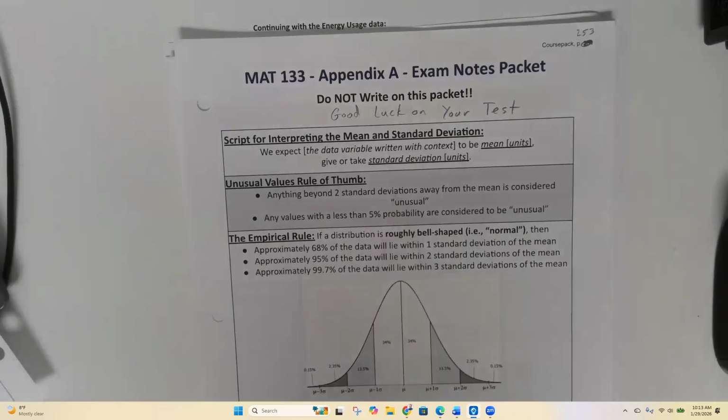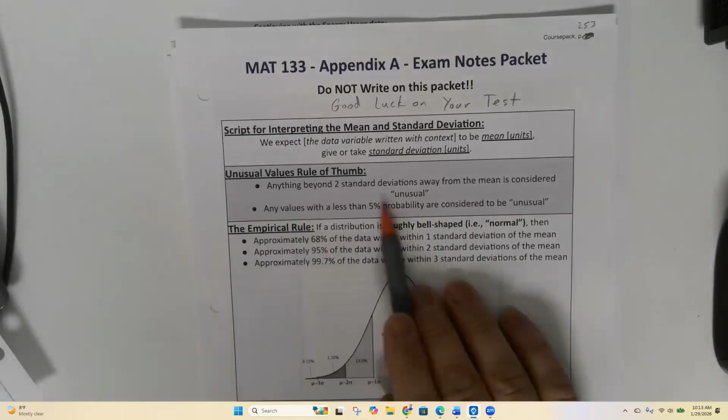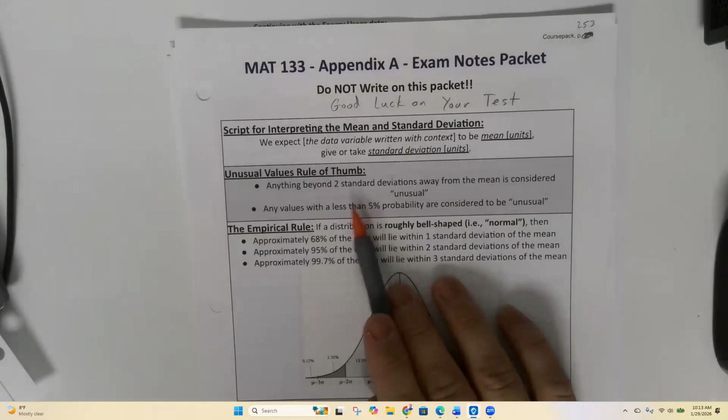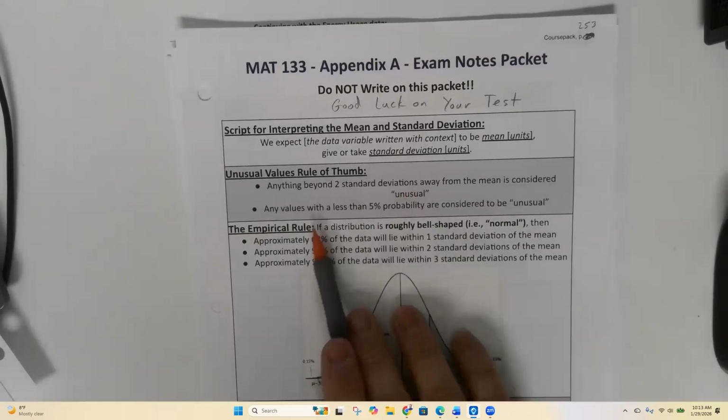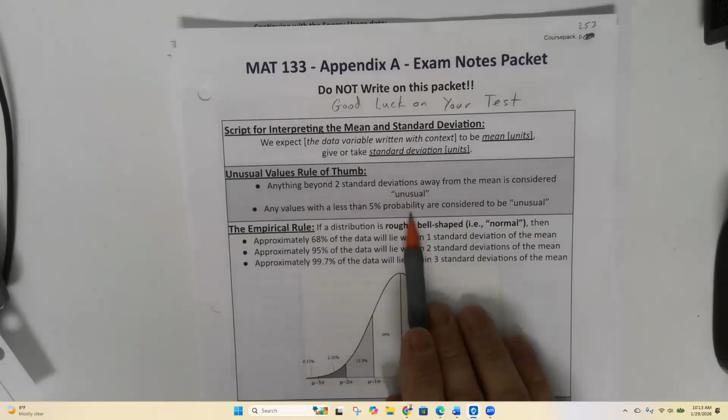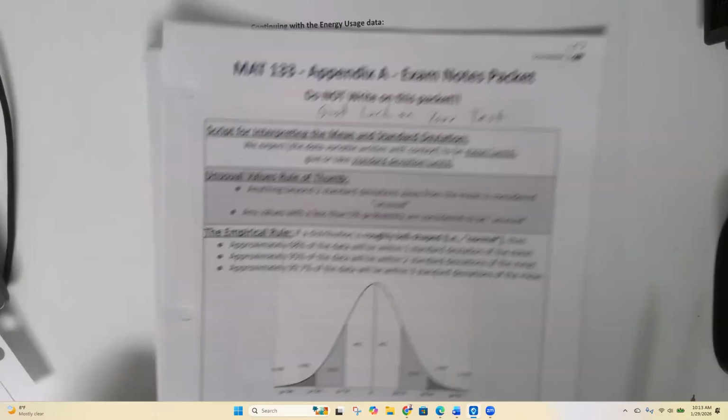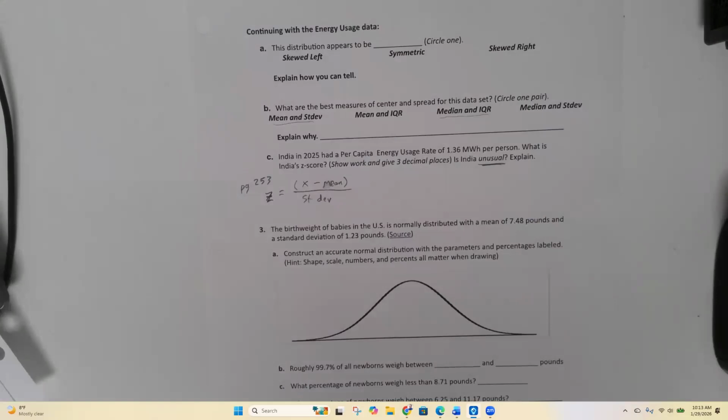So you need to pay attention when you're talking about whether something is unusual or not, whether we're looking at z-scores, which is the number of standard deviations away, or if we're looking at probability. We'll see that throughout the class. We consider something unusual if it has less than a 5% chance of happening, right?